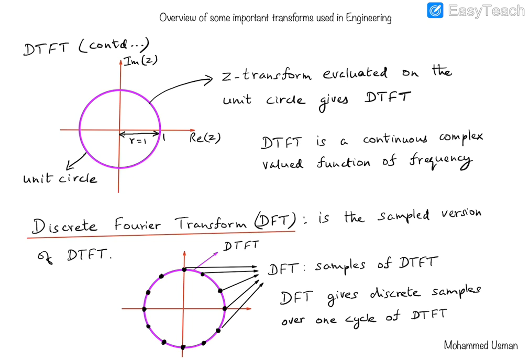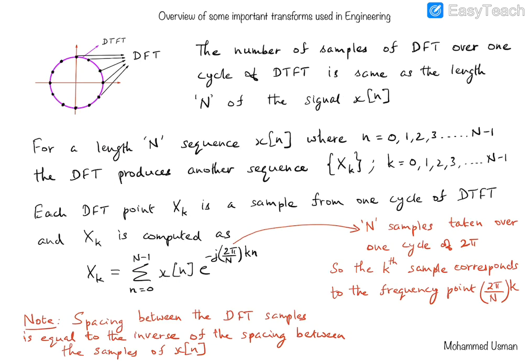Now the question that arises is how many samples are taken along this one cycle of the DTFT, and that depends on the length of the input sequence x of n. So the number of samples that we take on the DTFT to obtain the DFT points is equal to the length of the original sequence x of n for which the DFT is being computed.